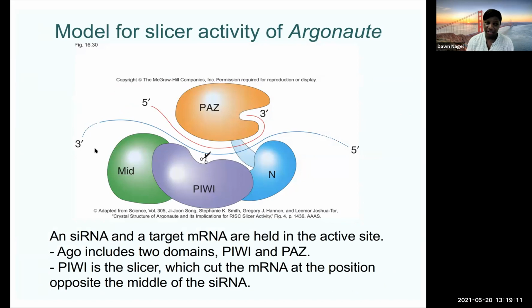So this is the slicer activity of Argonaute. These are different domains within the Argonaute protein, so they're not different proteins. These are all Argonaute-2. Within Argonaute-2, the PIWI domain is the domain that recognizes and cuts the target mRNA, and destroys the RNA.